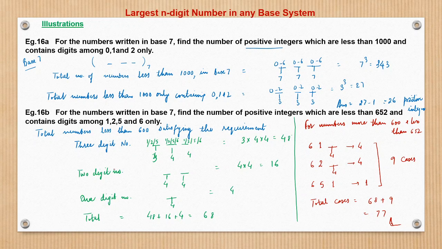So we make different cases, 3-digit numbers, 2-digit numbers, 1-digit numbers, and since the number does not contain 0, we cannot straight away write 0 to 2 or 0 to 3. So we need to make different cases and count the total satisfying cases, and here we get 77 as the answer. So 68 from here and 9 from here, it becomes 77.